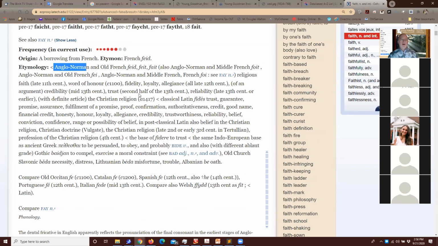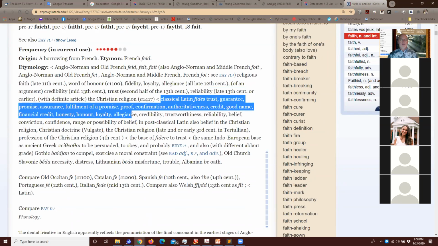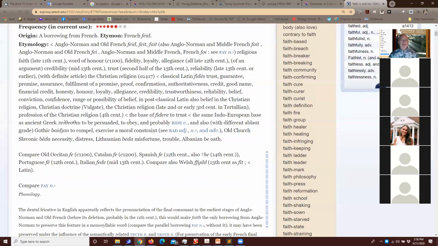There we get various definitions. We go to classical Latin, fides, which is the Latin word for trust, guarantee, promise, etc. And then it even moves behind that because faith is such an important word for Christianity.